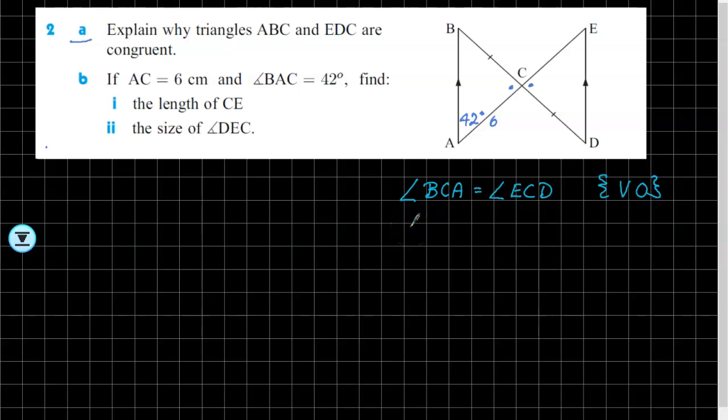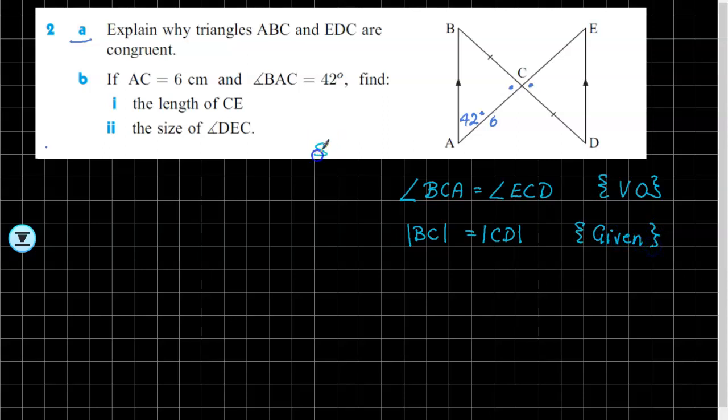We can't say side angle side yet because we haven't got another side length. We've got length BC equals CD, given.